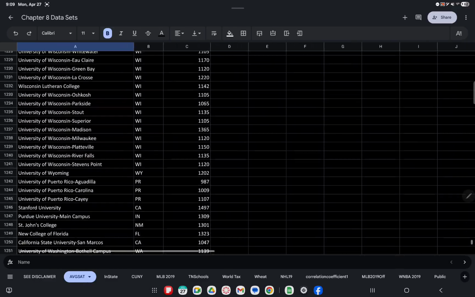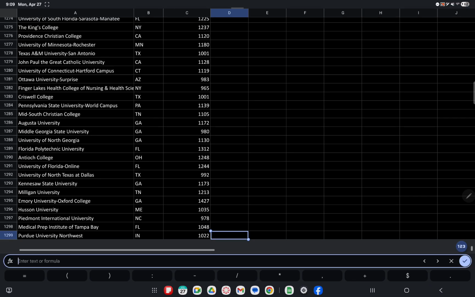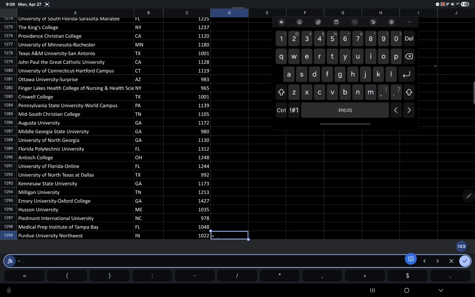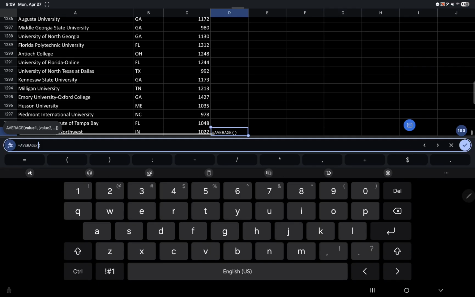So if I go all the way down to the bottom here, I am going to want, well, I can go here and say average. Maybe. There we go. Average. And then I want to tell it what values to do.